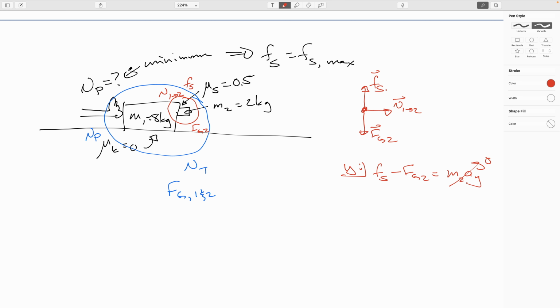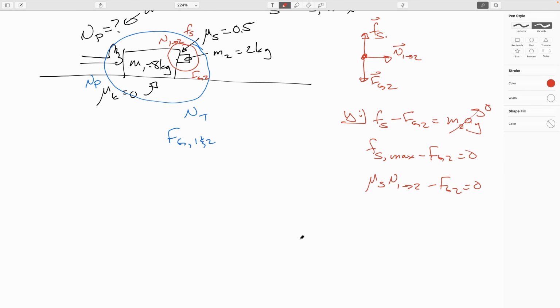Now, from the statement of the problem saying that I'm pushing as little as possible to keep this from sliding, I know that in this case it's Fs max. So I can put that in. So this will be mu static times the normal force of 1 on 2 minus Fg2 equals 0.